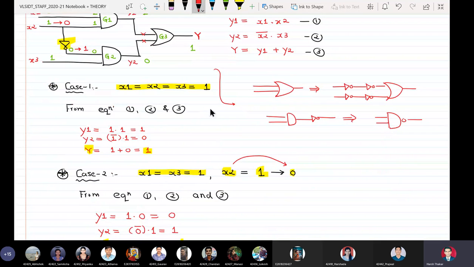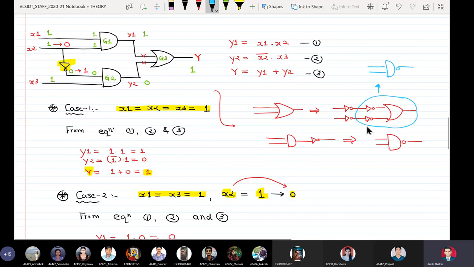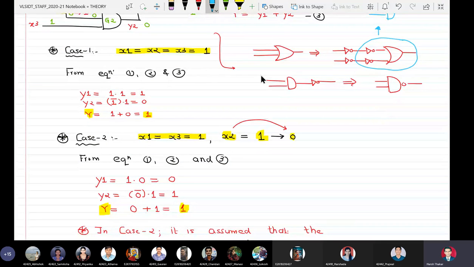So we also know that this particular structure is actually equal to a NAND gate. Why? Because we say that bubbled OR is NAND.